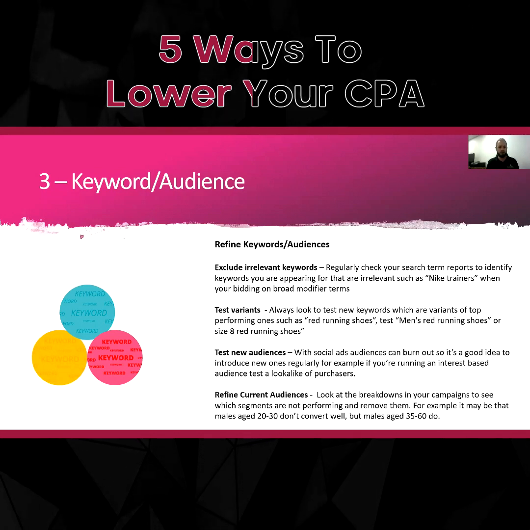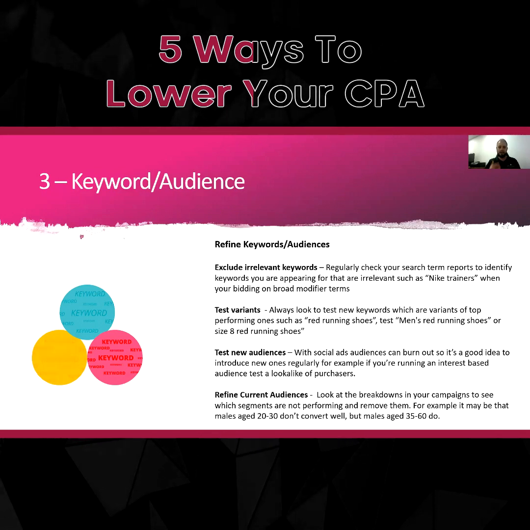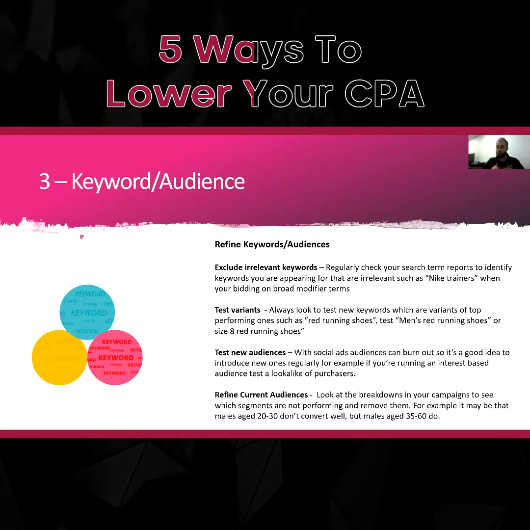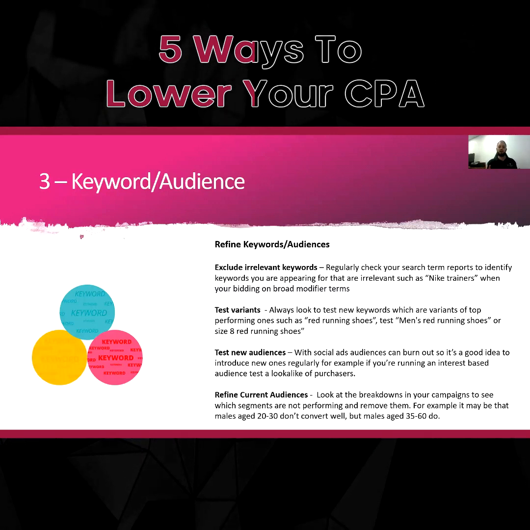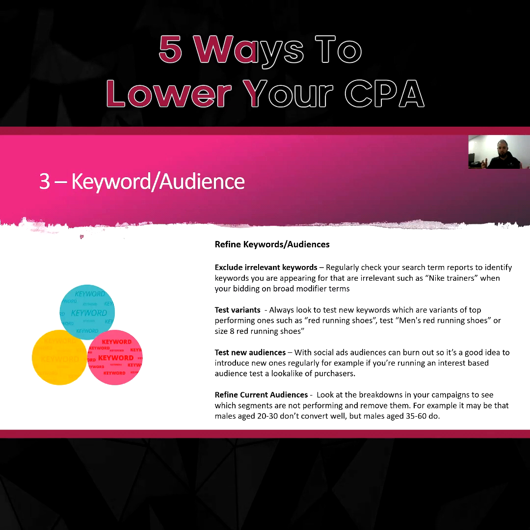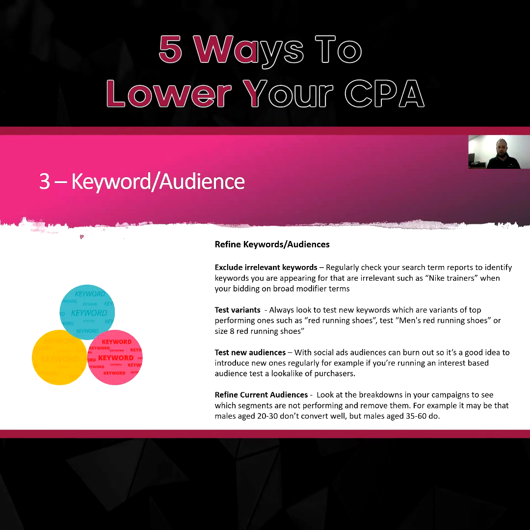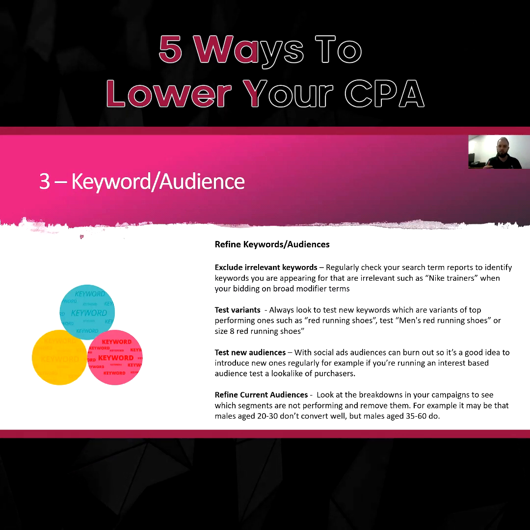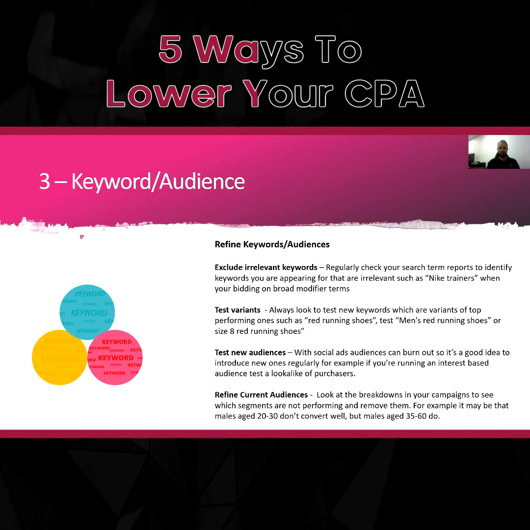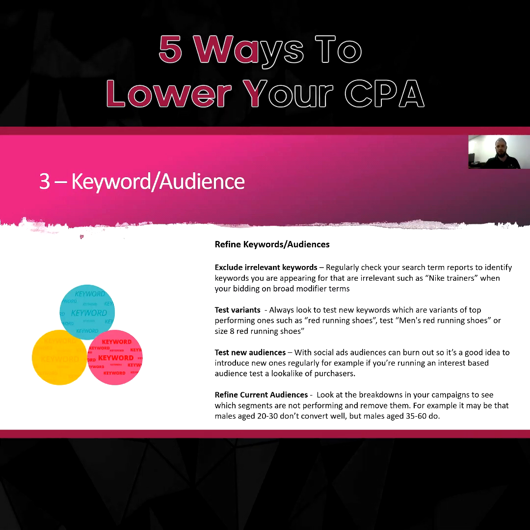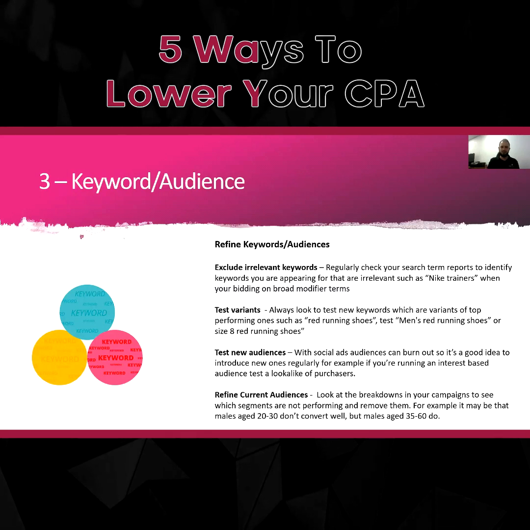Check them weekly and identify keywords that you're appearing for, or getting clicked for, that are completely irrelevant. Let's say, for example, that you are a fitness trainer, but when you pull your search term report back, you're paying for the words "Nike trainers," which isn't relevant.